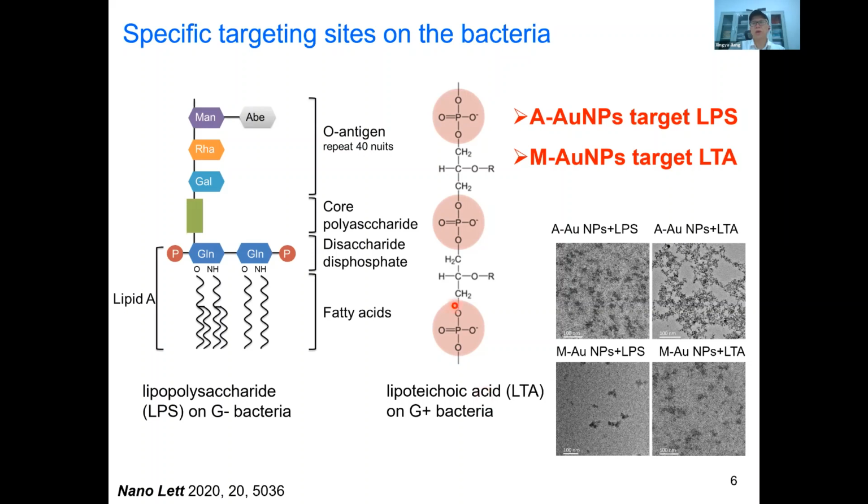And we can look at how they interact in the transmission electron microscope, or the TEM, where you can see that the amine-terminated nanoparticles are aggregated by LPS, and then the sulfur-terminated nanoparticles are aggregated by LTA.